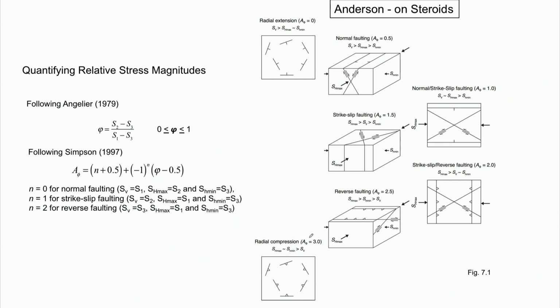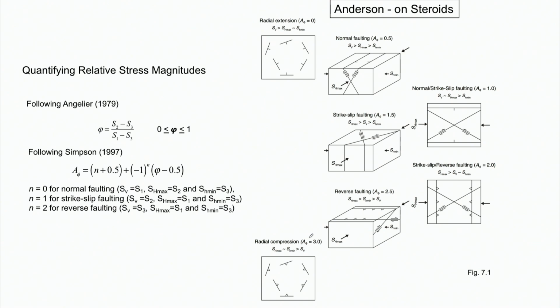If S2, the intermediate stress, is at the lower limit, S2 is equal to S3, then phi is equal to 0. Or if S2 is at the upper limit, S2 is equal to S1, then phi is equal to 1. So phi is always between 0 and 1 and basically describes where that intermediate stress is.